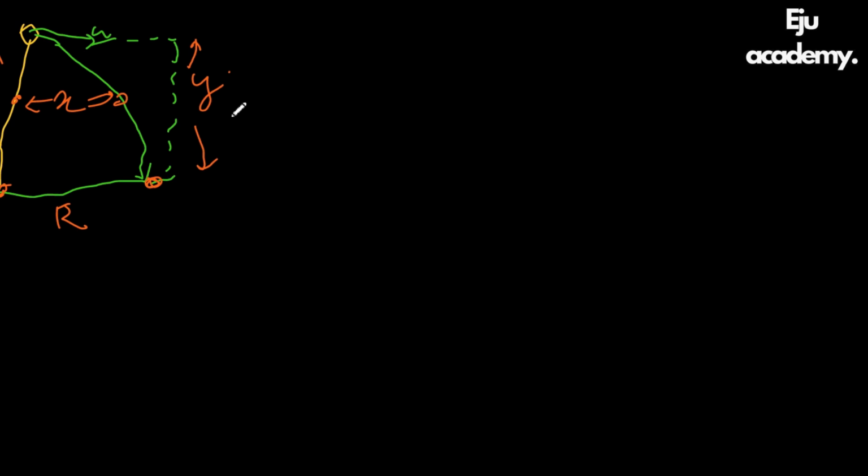Okay, yeah, I got the diagram right now. So x is equal to u into t, and y is equal to half gt square.